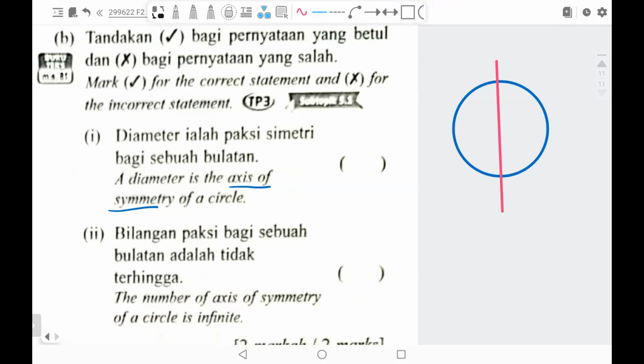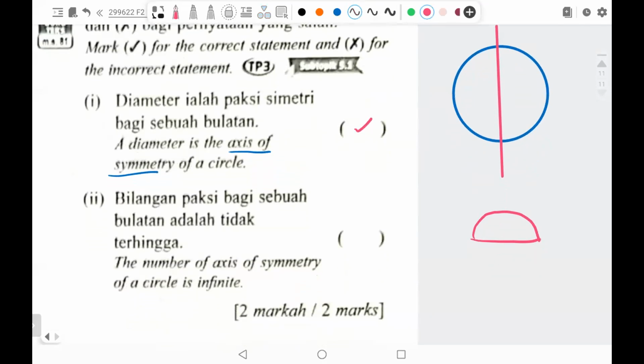Diameter, yes, it cuts. When you have the diameter, then it forms a semicircle, right? That's how semicircle comes from, diameter. So this one is correct. The second one. The number of axes of symmetry of a circle is infinite, means uncountable.